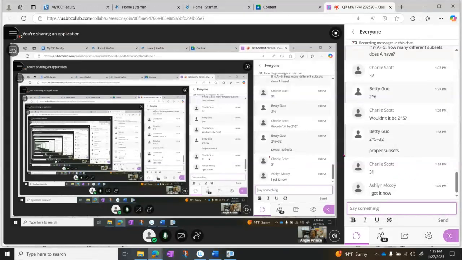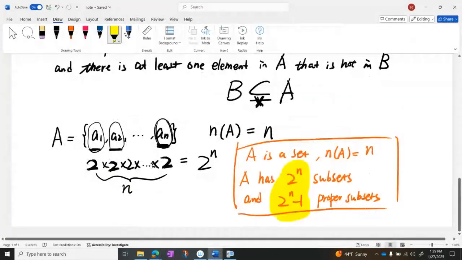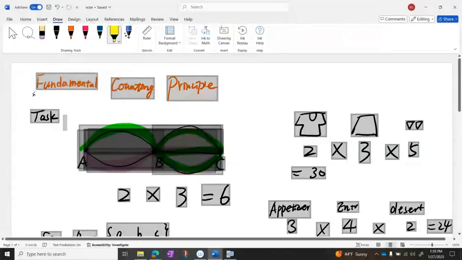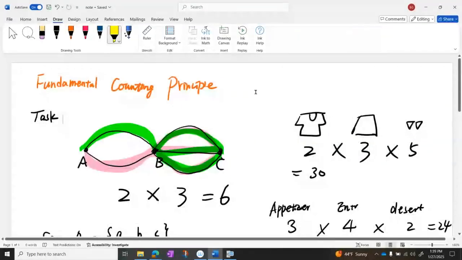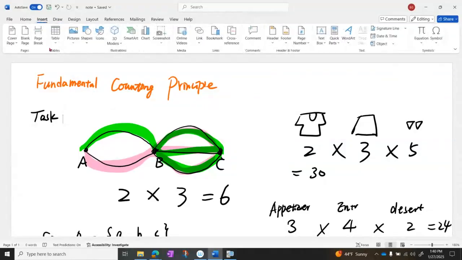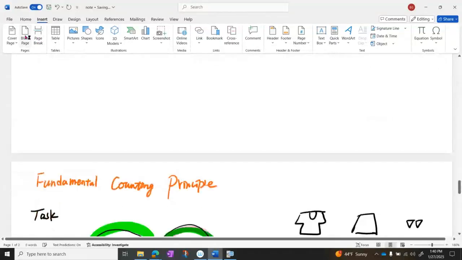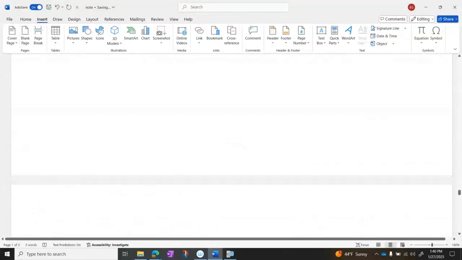Are you guys ready for 2.3? Okay, let's do 2.3. I need to see how I insert a blank. More blanks. Okay.